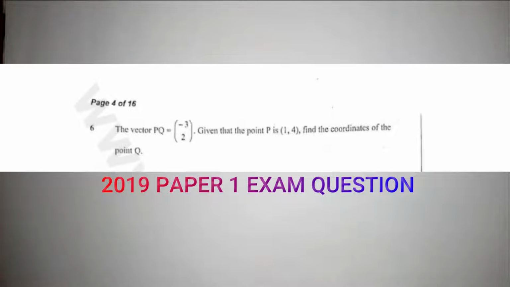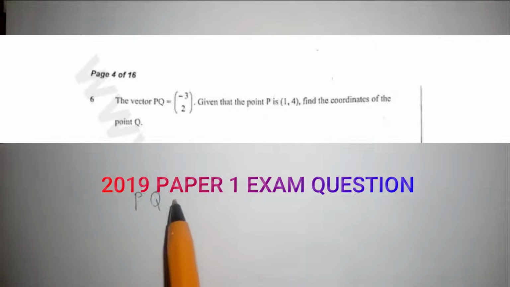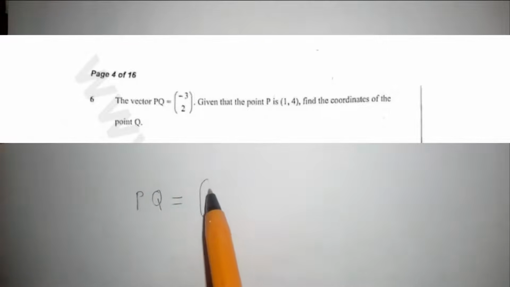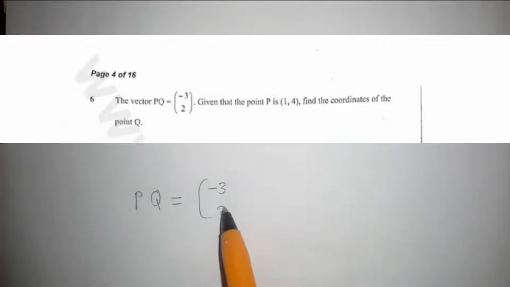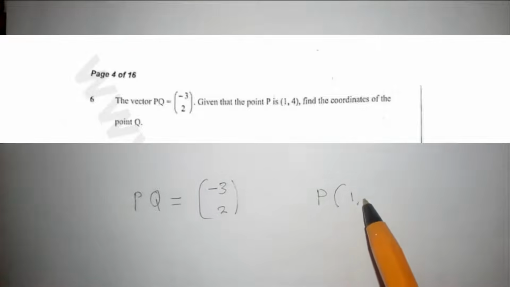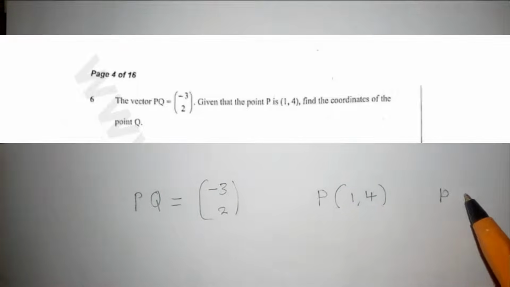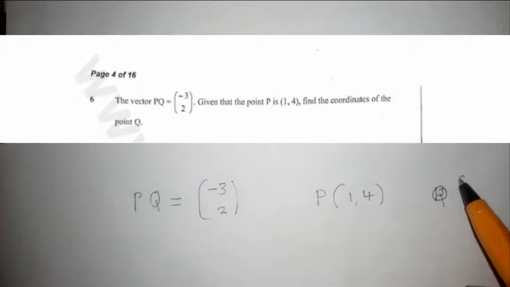Given that the point P is (1, 4), find the coordinates of the point Q. So they have said that PQ is equal to (-3, 2) here, and they have given us the point P, which is (1, 4). And point Q, we don't know, say (x, y).